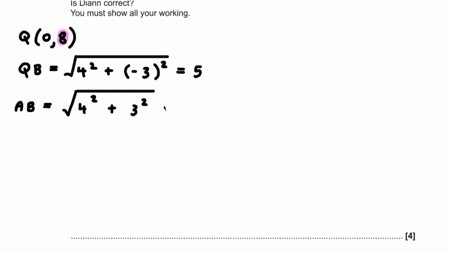And it turns out we get 5. So because these are the same, we can therefore conclude that ABQ is isosceles.